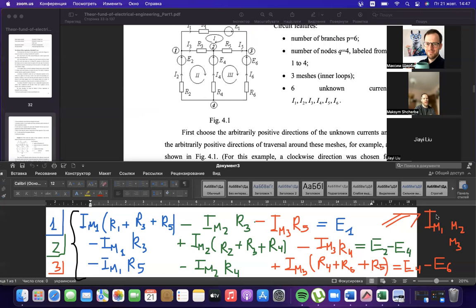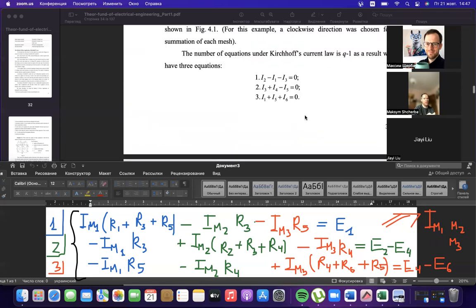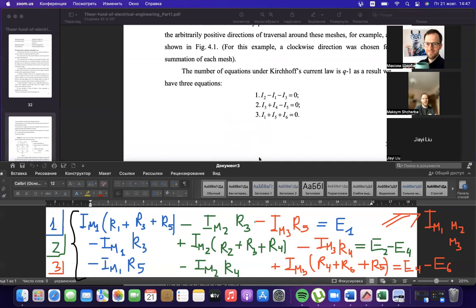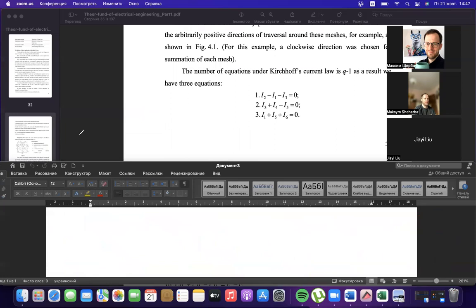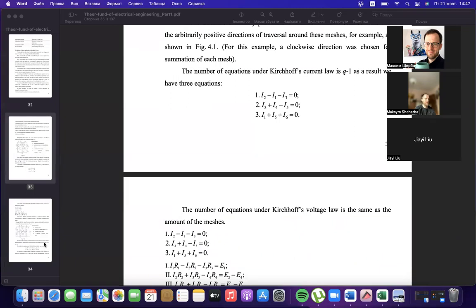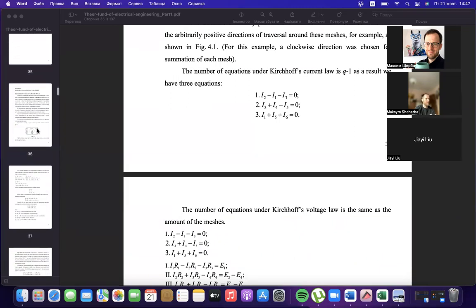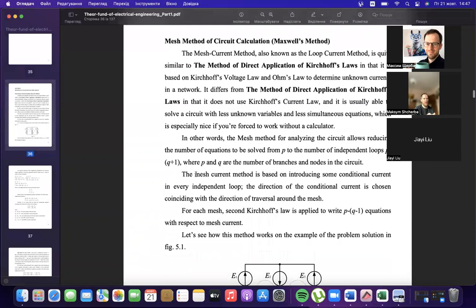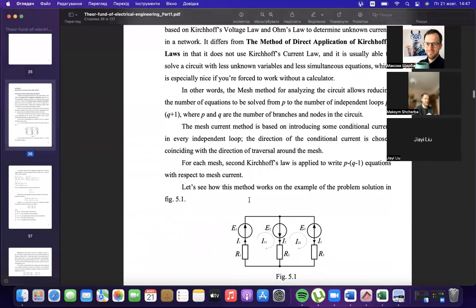Then after we find these mesh currents, we could find the real currents as we did at the beginning of our practice. It is just a comparison of these two approaches, starting from the previous topic last time.